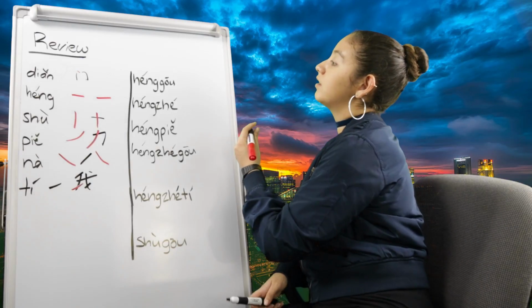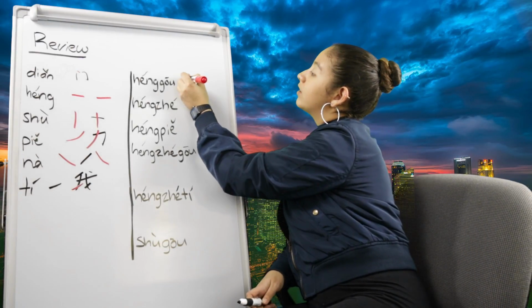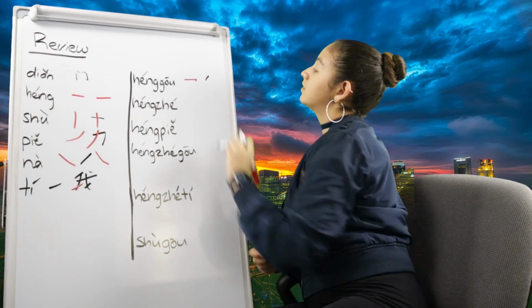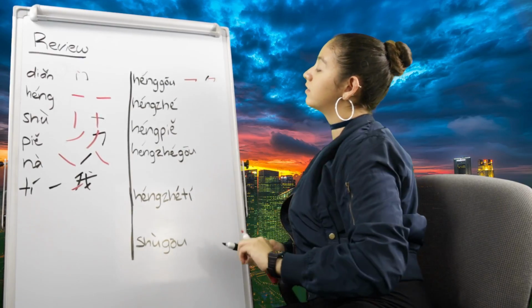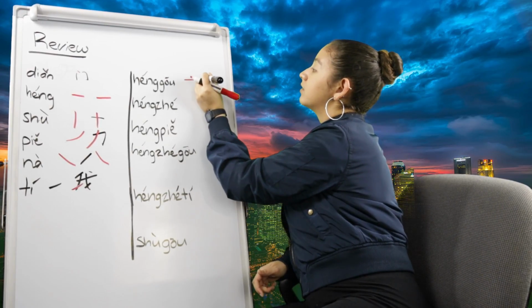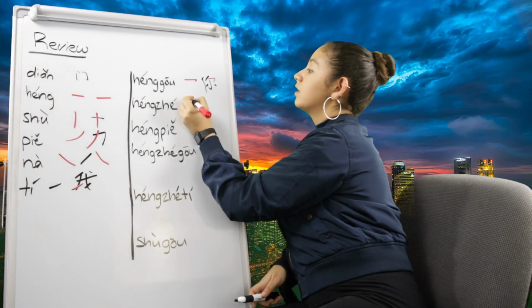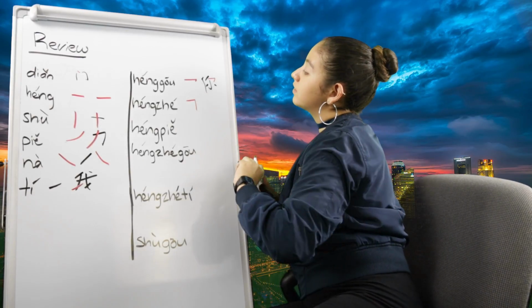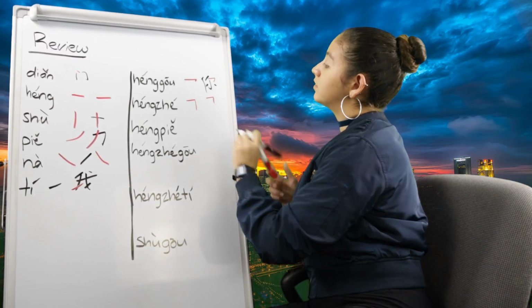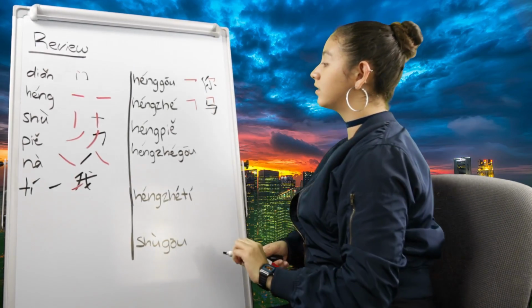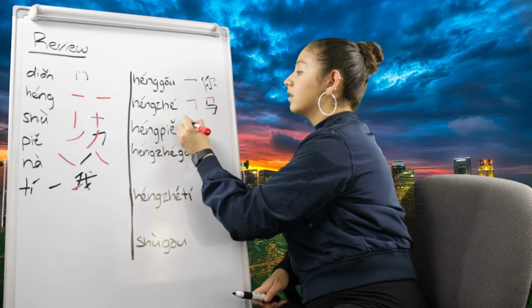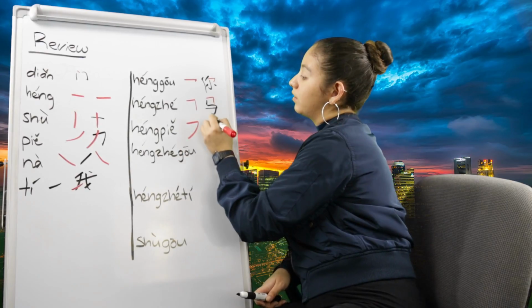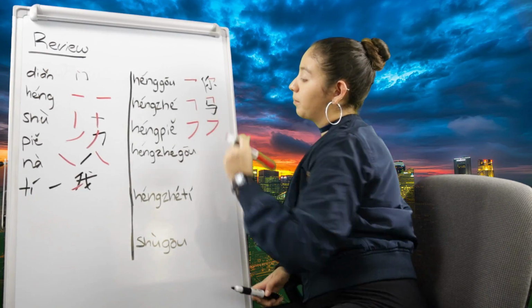Now let's just go straight to Hang Go. Here we have Hang Go. That would be used in something such as this. Hang Zhe. That will be used in something like this. Then I have Hang Pie. That will be used like this.